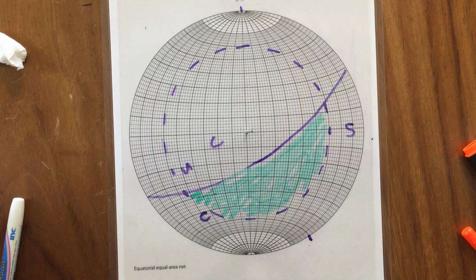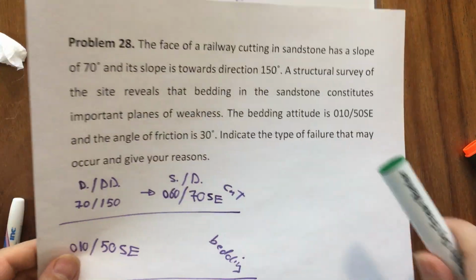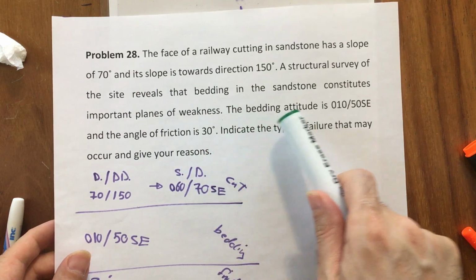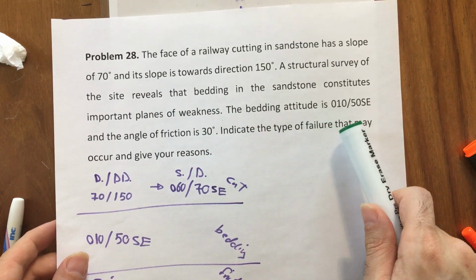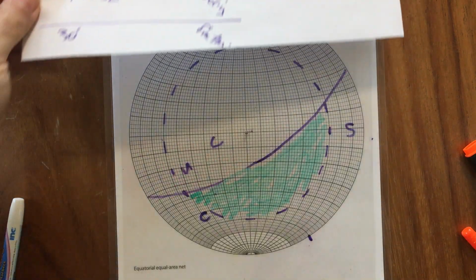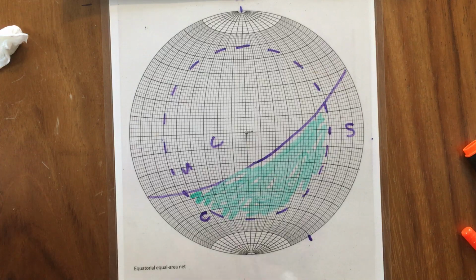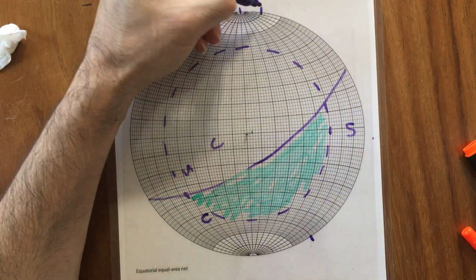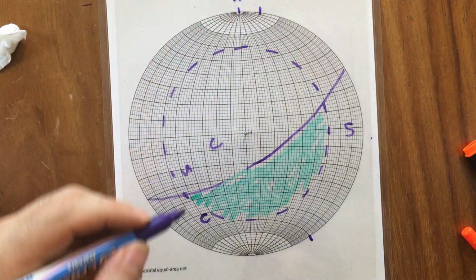So what I should do now is plot the bedding plane, because the failure may happen on the bedding plane, right? And you see it's 10 degrees strike. I plot that one: 10 degrees strike, and it's dipping 50 degrees towards the southeast.